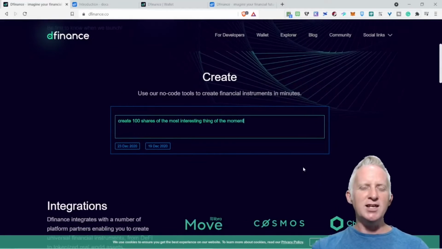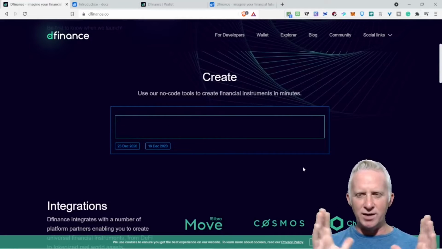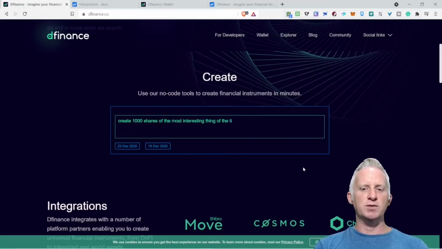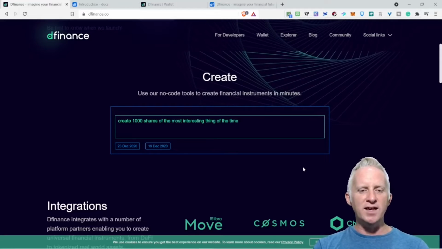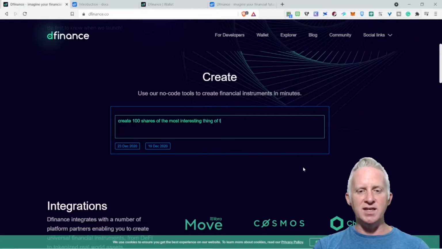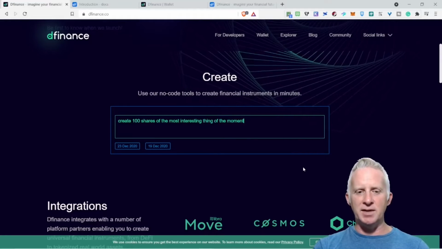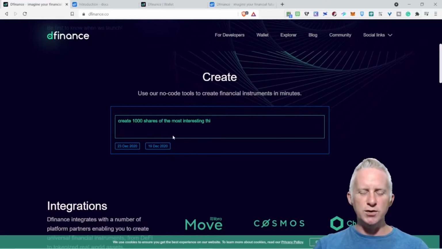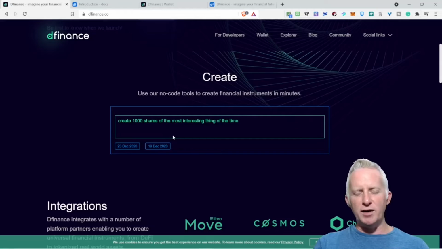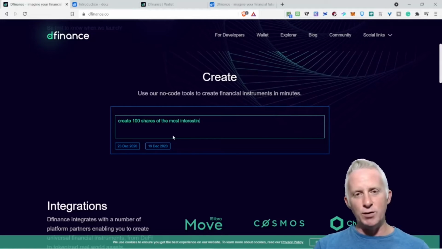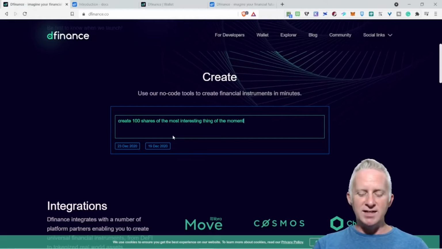So just imagine something at a very high level. Use our no-code tools to create financial instruments in minutes. Create 100 shares of the most interesting thing of the moment. This is really cool. You just write as you would a document, blog post or an essay, and you can do the same thing to create your financial product with simple language code.